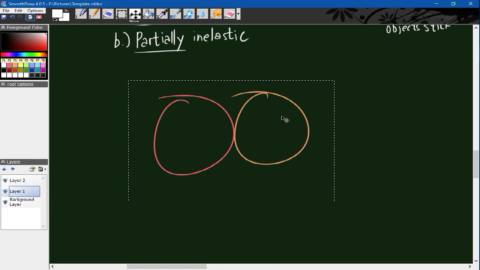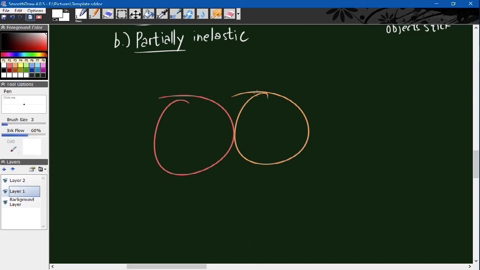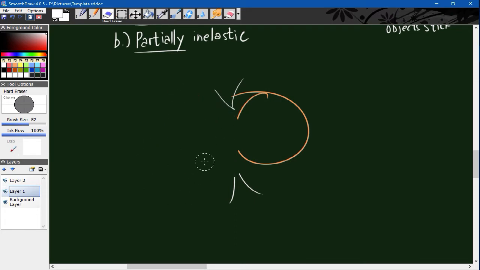Let's say we did this in your usual environment. Chances are that some of that energy was lost as sound energy, or if you measure the temperature of the balls after the collision, they might be hotter because some of the kinetic energy became thermal energy.